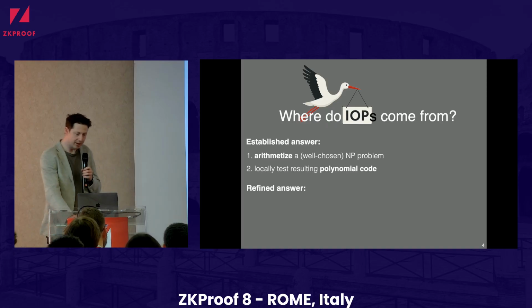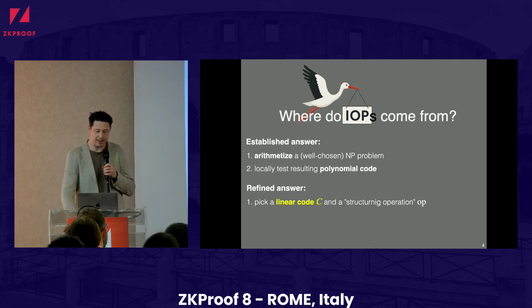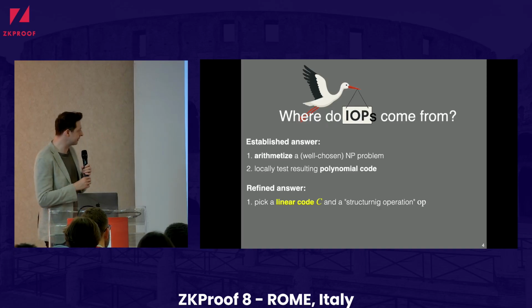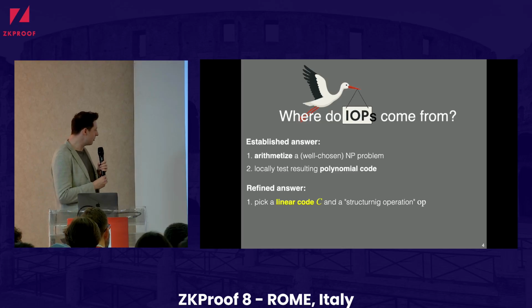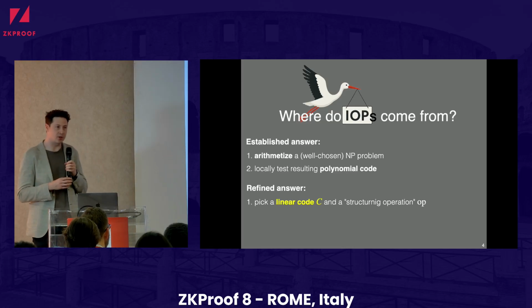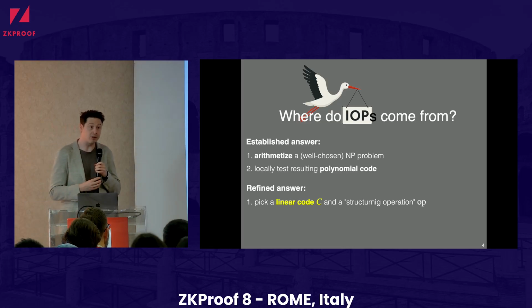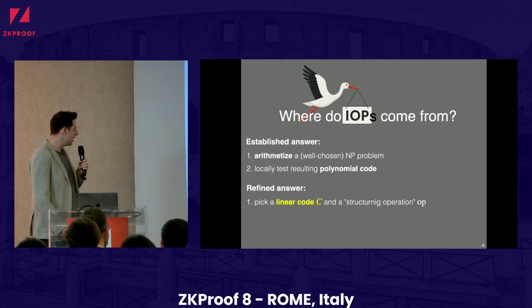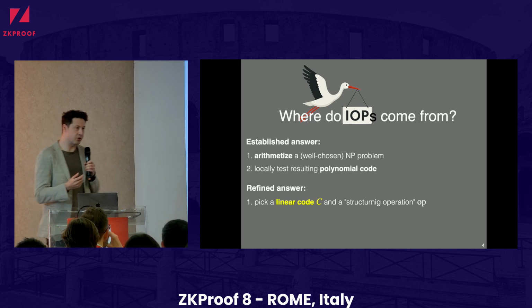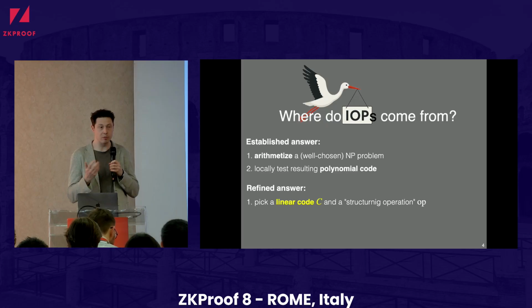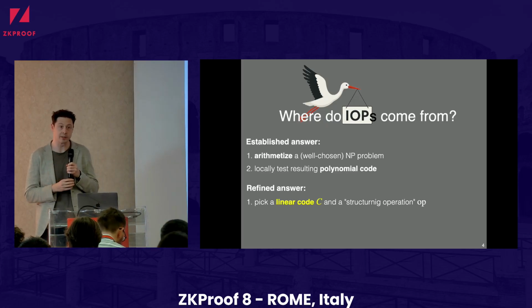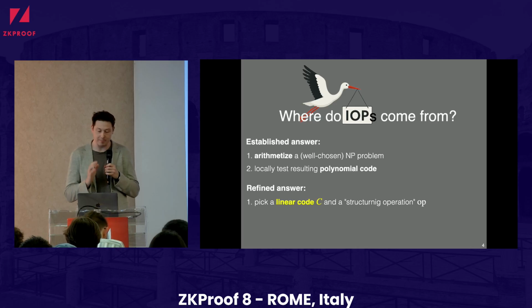And maybe the way we look at IOPs today is a little bit more refined, where you pick a linear code, something quite unstructured. In fact, it could even be a random linear code. And you pick some structuring operation. This structuring operation could be something like interleaving or tensoring, and you give just a tiny bit of structure, and you obtain some kind of barely structured code.